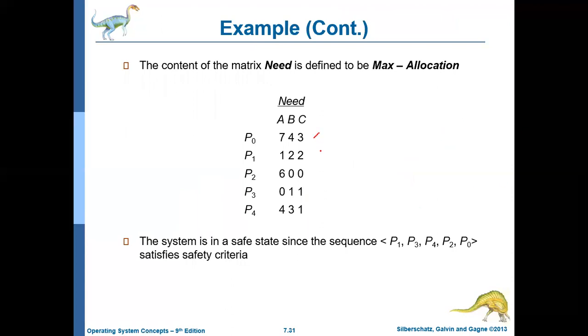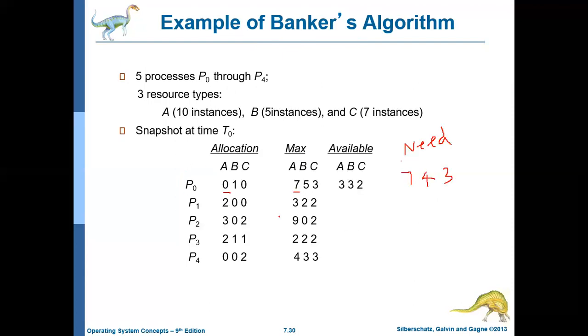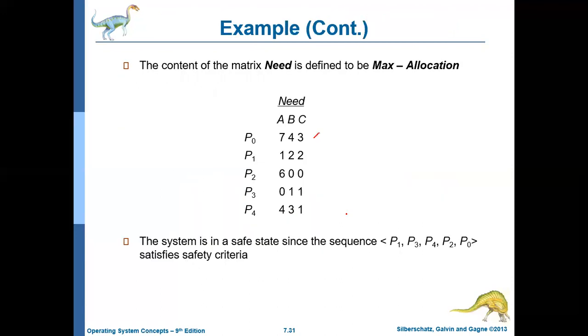Like that, you can calculate the need for the other processes also. Need for P1 is 3 minus 2, 1, 2 minus 1, 1, 2 minus 0 and 2 minus 0. So it is 1, 2, 2. Like that, the need matrix is calculated. Now let us check whether this is a safe state or not.